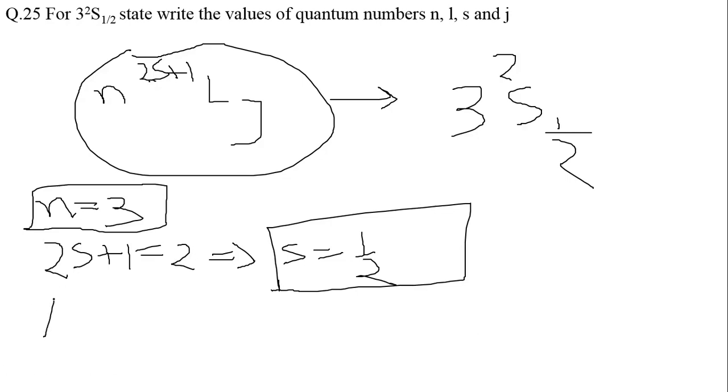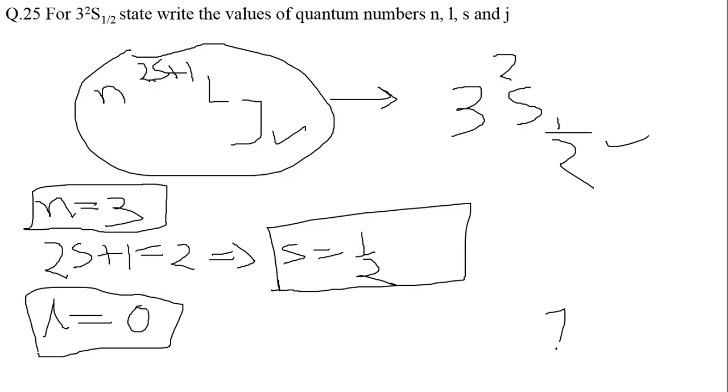So here l is 0, and the remaining is j, and j is here half. Clearly we can see here it is half, here it is j, so j equals half. So it is a very easy question. Simply from the state we can calculate all the quantum number values.